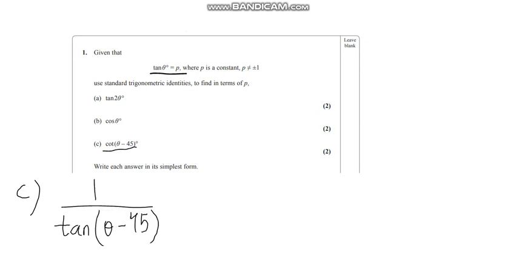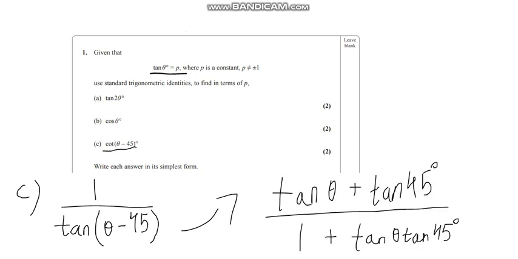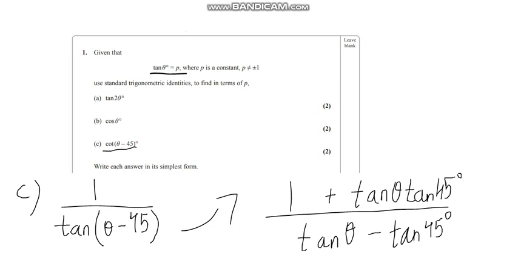When we expand tan of theta minus 45, we will get tan theta plus tan 45 degrees upon 1 plus tan theta tan 45 degrees. But as we are dividing 1 by this, this whole thing will switch upside down. The end result will be 1 plus tan theta tan 45 degrees upon tan theta minus tan 45 degrees.